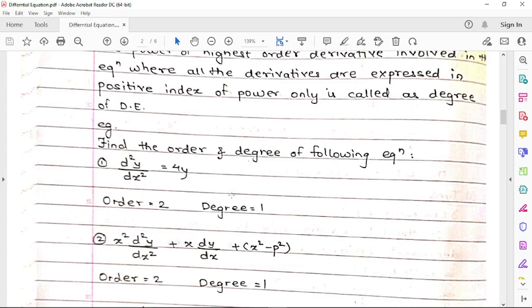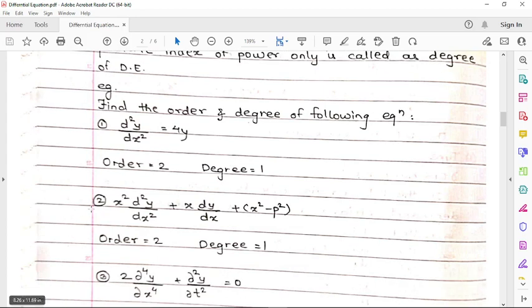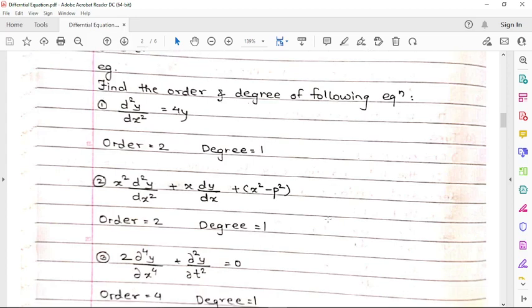Okay, so the degree is 1. Now see the second equation: x square d square y by dx square plus x dy by dx plus x square minus p square is equal to 0. Something seems incomplete here, there is an error. You can put 0 here, is equal to 0. Accordingly you have to write it.